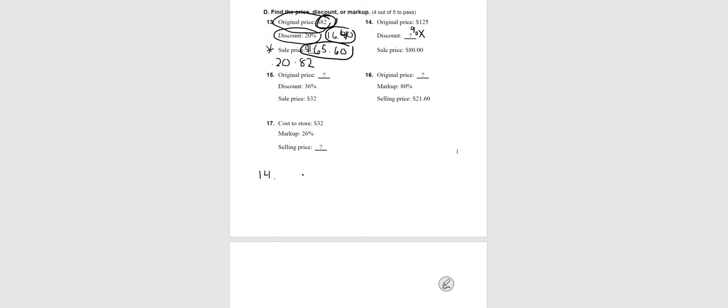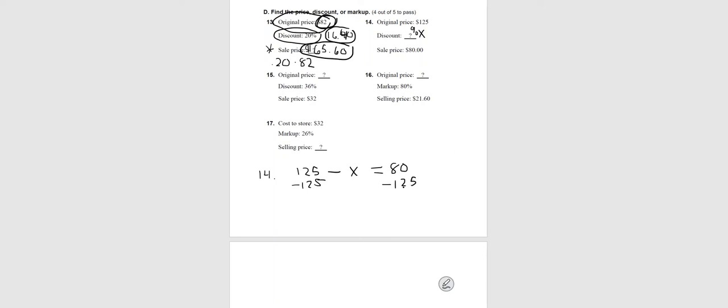So if our original price is 125 and our sales price is 80, we know that we're going to take whatever our original price is, which is 125. Because this is a discount, we're going to subtract whatever the discount is, and that is going to give us our sales price. Okay, so now to solve for this x, we would subtract 125 from both sides.